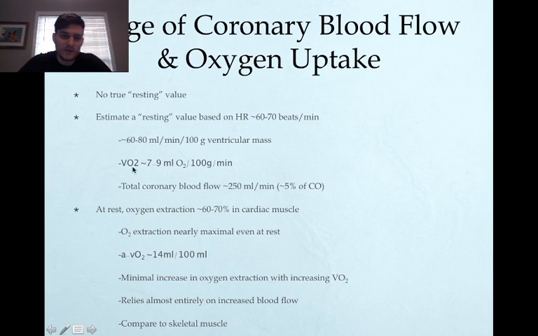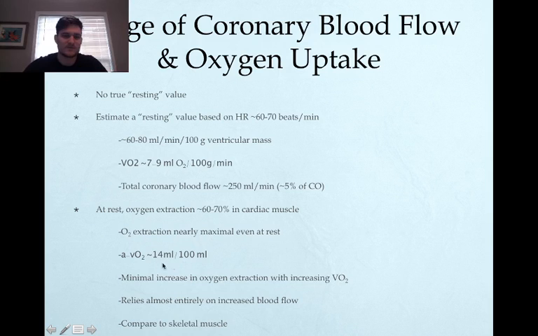So you could say, well, if we want to increase VO2 and the formula is cardiac output or blood flow times AVO2 difference, why don't you just increase the oxygen extraction? And again, this presents another problem. We can't really increase VO2 that much in cardiac muscle tissue because its oxygen extraction is already maximal, right?